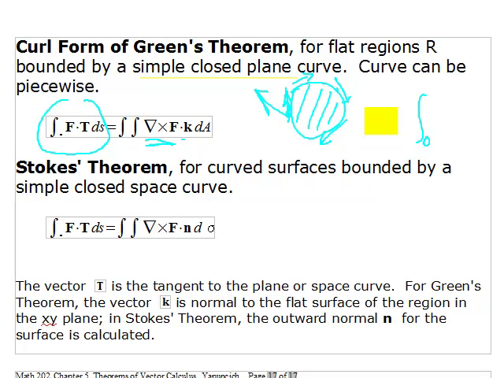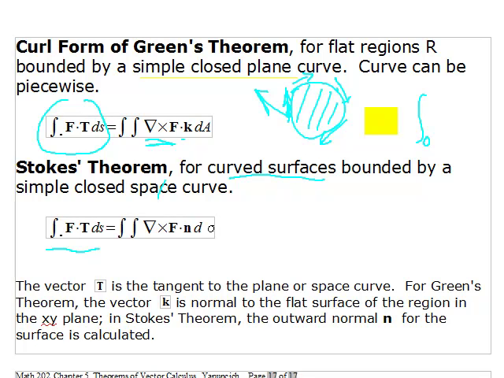Stokes' theorem is for curved surfaces in 3-dimensional space. Here you go again. It's not quite the nice analogy you have for Green and Gauss because of what it applies to.